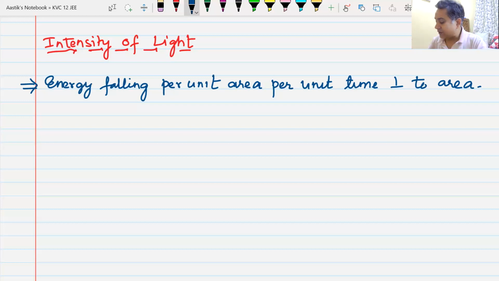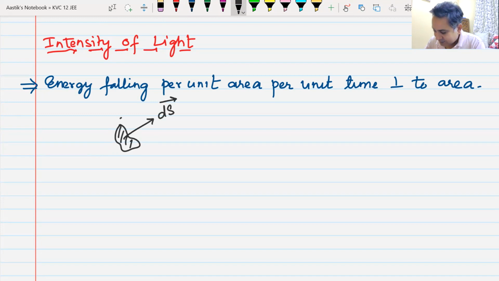Now, what do you mean by perpendicular? If I draw a small area, I hope you can see this small area. This is the area vector.